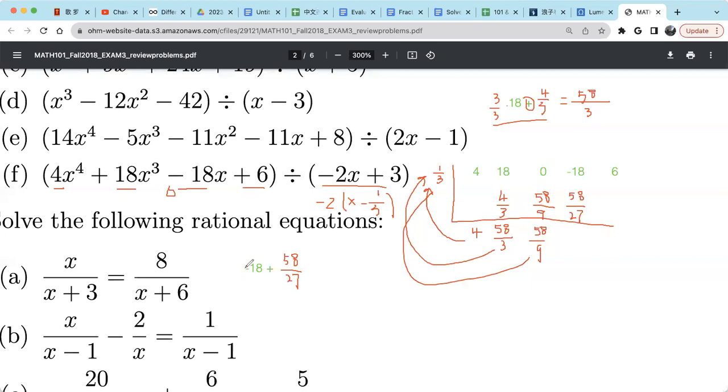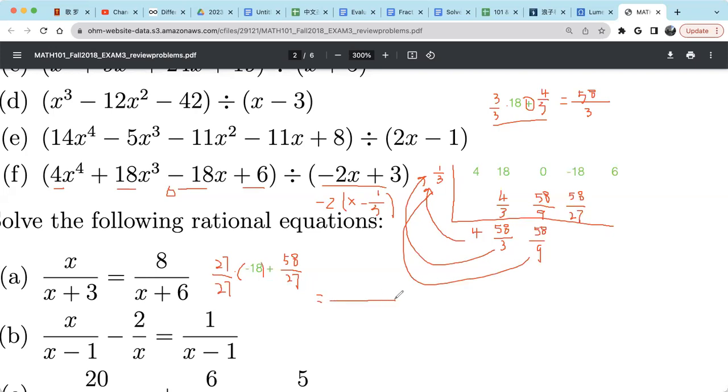Okay, so that means we need a common denominator. We need to multiply negative 18 with 1, which is 27 divided by itself. You see the number getting too big. Okay. So negative divided by positive, negative times negative, that's just negative.